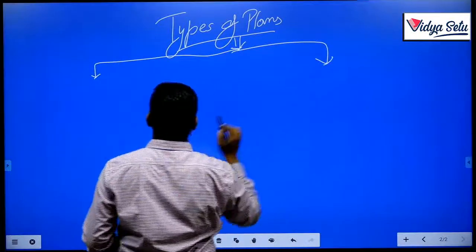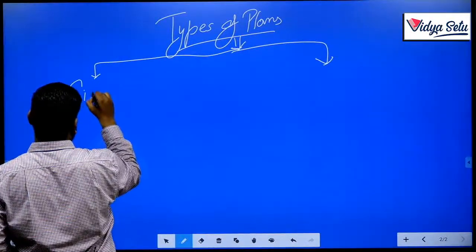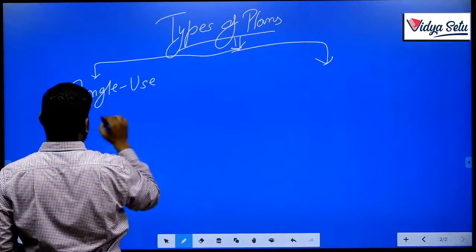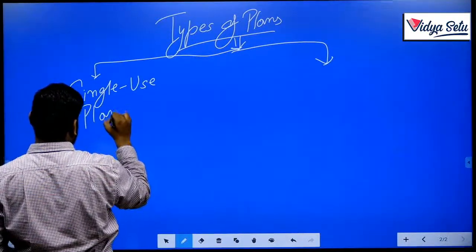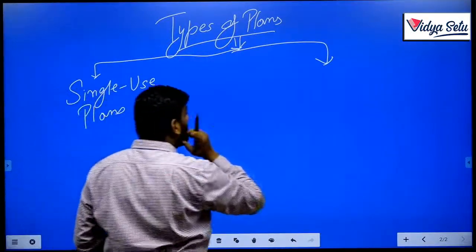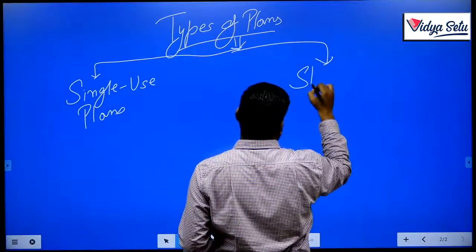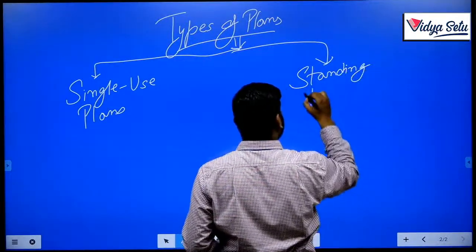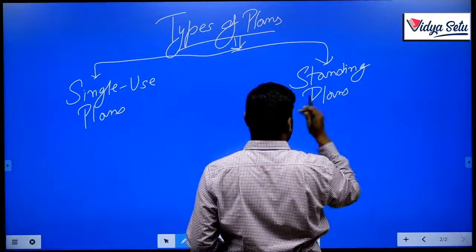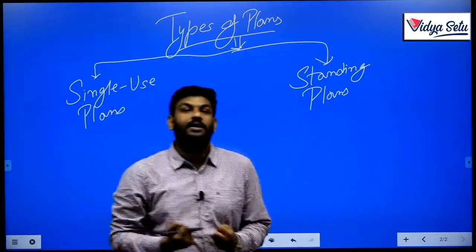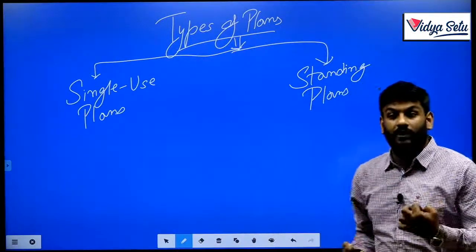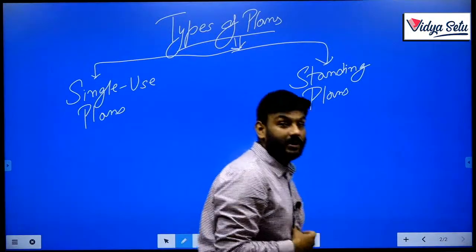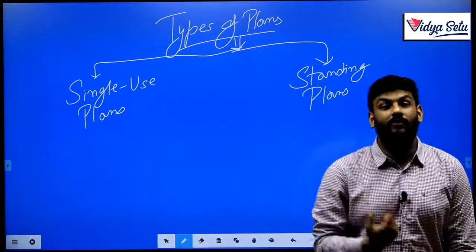First is single use plans, and the other is standing plans. What is the basic meaning of single use and standing plans? We will discuss further, we will read the concept also, but let us discuss the basic concept and the basic difference between these two.